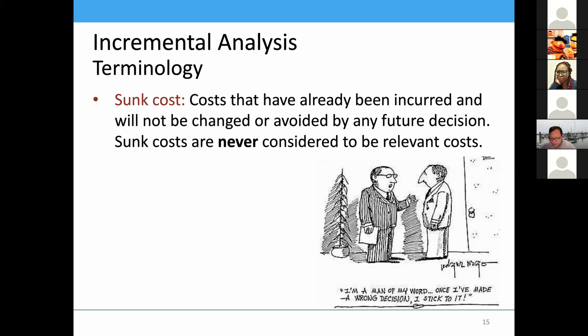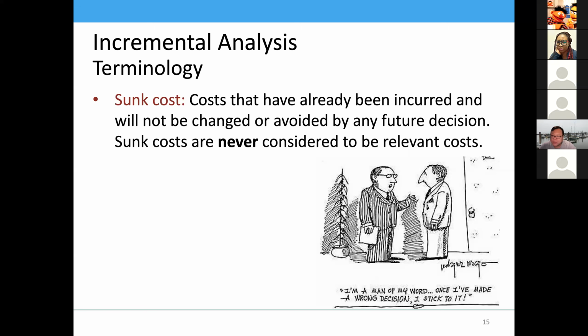Sure. So that deposit is the sunk cost, right? Because whatever decision you make, whether you go with the contract or you terminate the contract, you are not able to get back that money, right? And that has already been incurred, right? So that's the sunk cost. So rent can be a sunk cost in some cases, but not in all cases. You just have to analyze that situation, right?